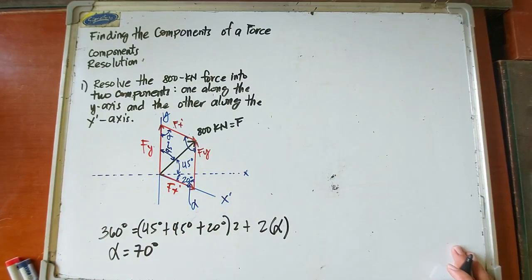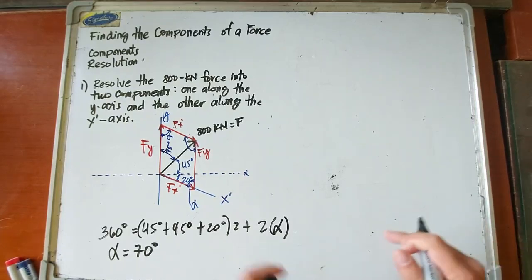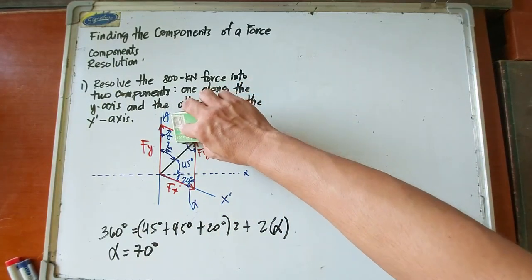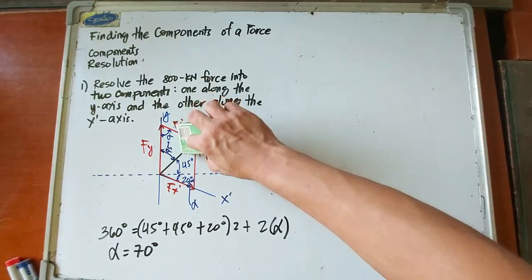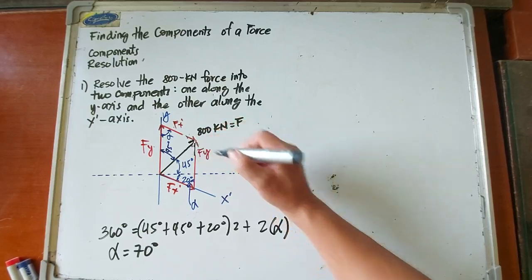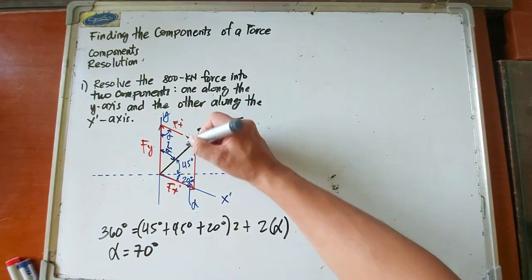Ano pa ang kulang? Maybe we can already solve for the other interior angle inside the triangle. Since we know angle alpha already, let me erase that. I think we can also solve for this angle.